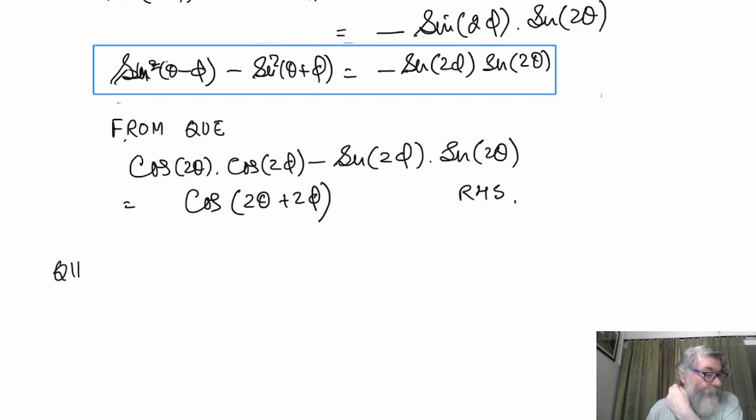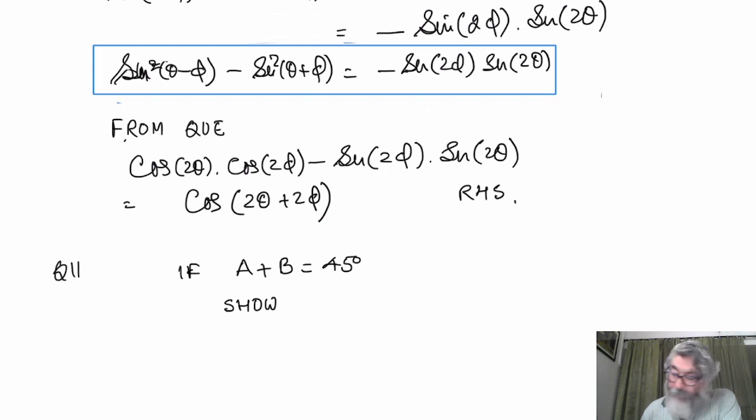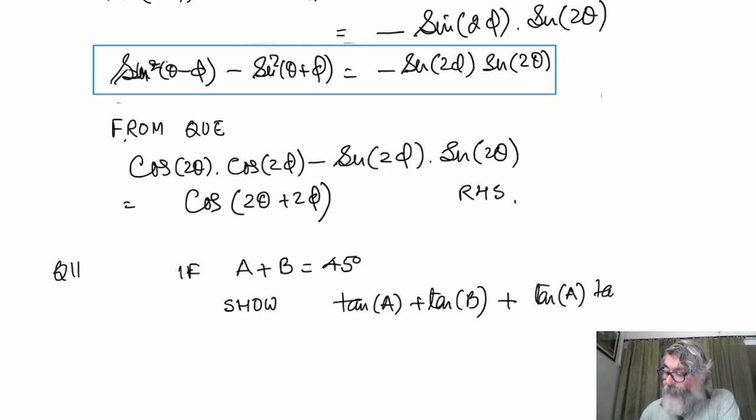It says if A + B = 45°, show that tan A + tan B + tan A tan B = 1. Now let us see what we can do.